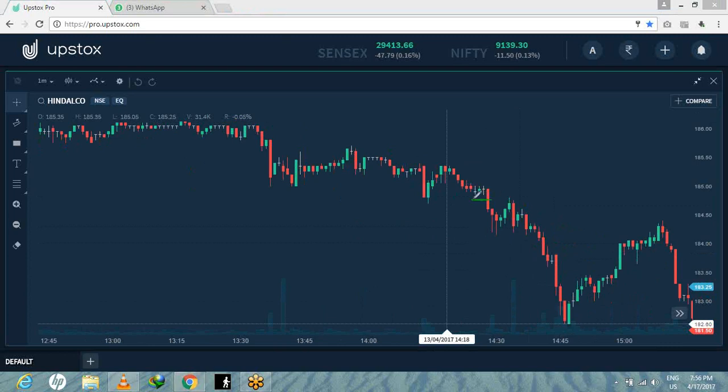Like if you find these kind of confusing candlesticks, just do not think much. Just put one buy here and sell here, according to my strategy. If any of you have triggered, if you have put a buy here, you can put a stop loss at this level, let's say this, okay.